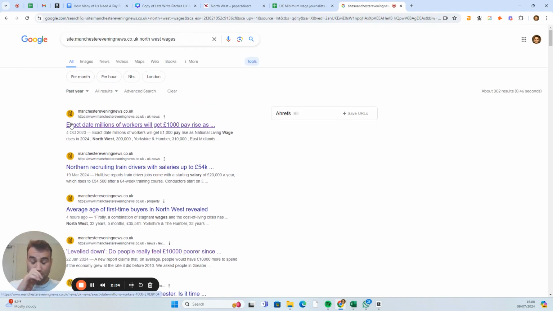And then you want to look for stories that are similar to the kind of story we're pitching. So we're pitching, here's the number of people who need a pay rise to match minimum wage in the Northwest. So that kind of works.